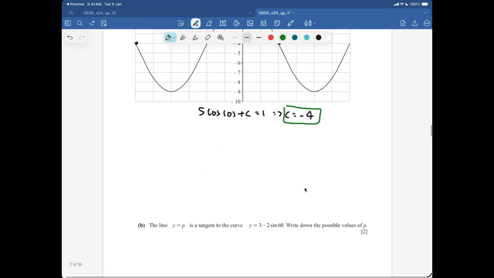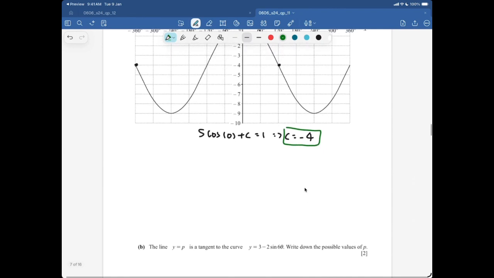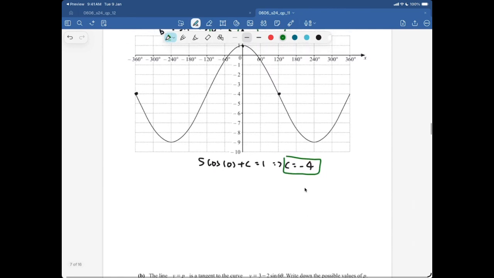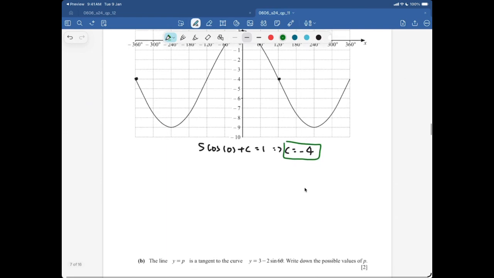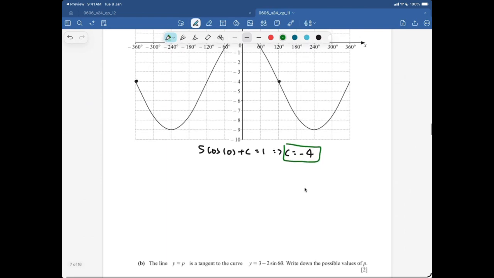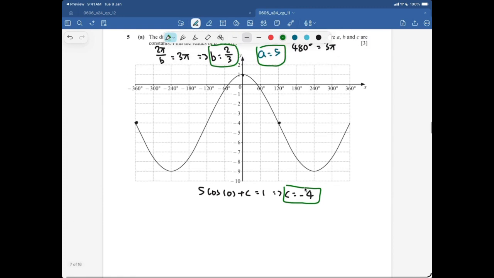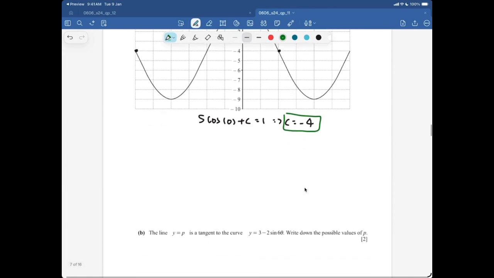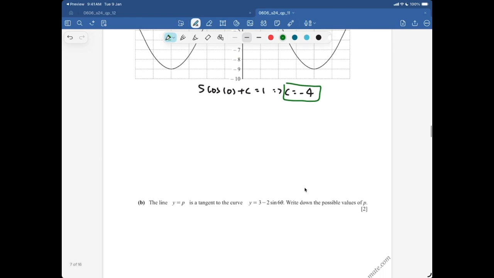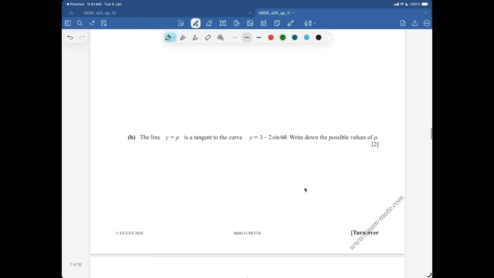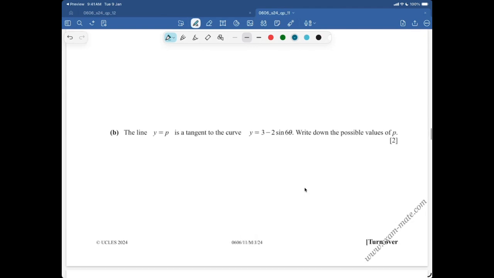The line y equals p is a tangent to the curve y equals 3 minus 2 sine 6 theta. Find the possible values of p. Okay, so I don't know if this is the most efficient approach, but we could use some calculus.